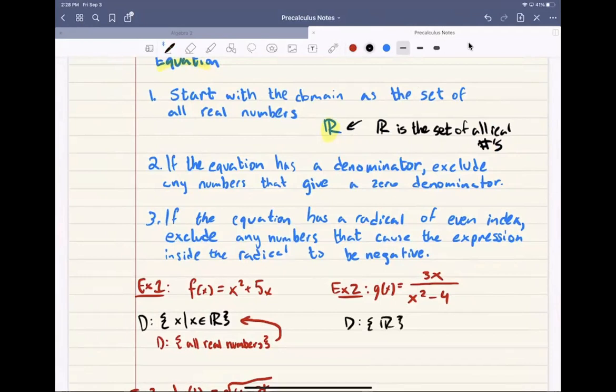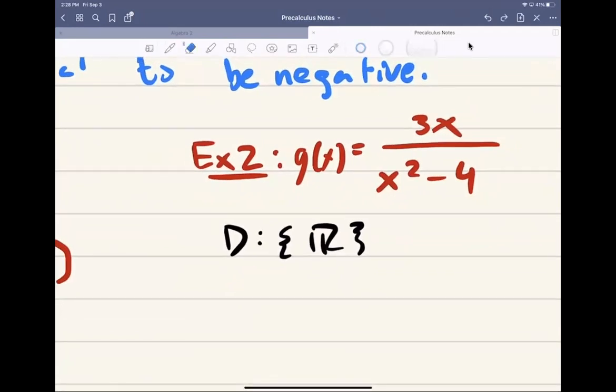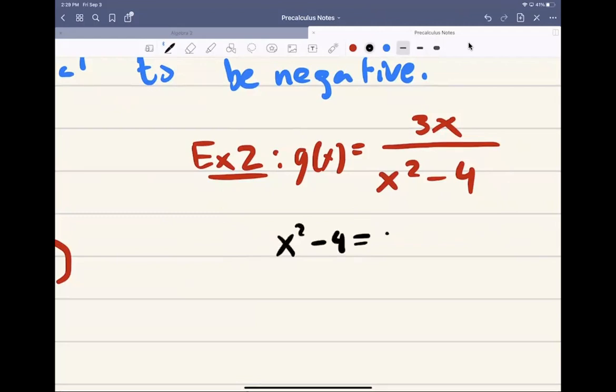And then it says if the equation has a denominator, exclude any numbers that give a zero denominator. So to do that, we're going to erase this. To find out what our domain is, we have to let the denominator equal 0. We don't care about the top. So we're going to start with x squared minus 4 equal to 0, and then we're going to get x by itself.